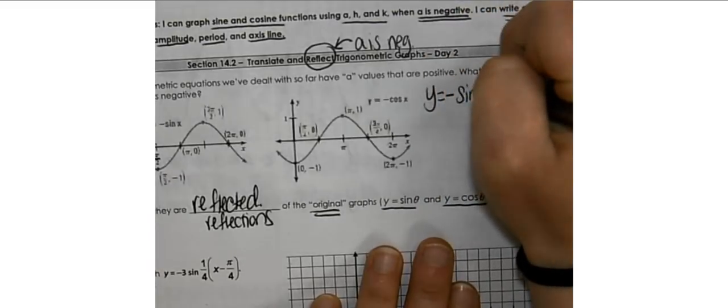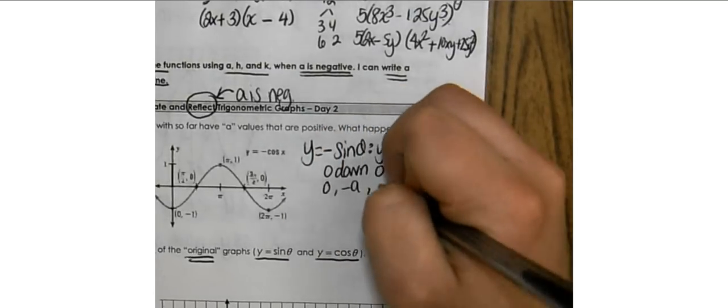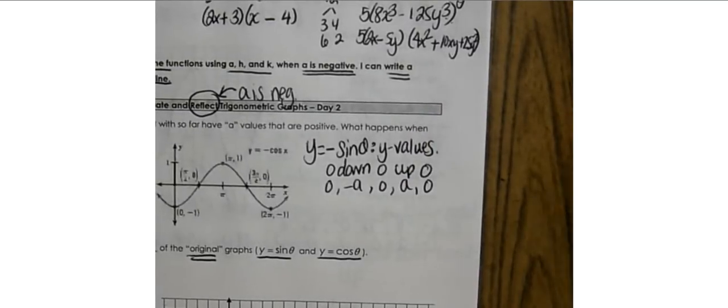So whenever you have y is equal to negative sine of theta, instead of going 0, up, 0, down, 0, we're now going to go with our y values 0, down, 0, up, then 0 again. So we'll have 0, down to negative A, back up to 0, up to A, and then back to 0. And those are going to be your y values.